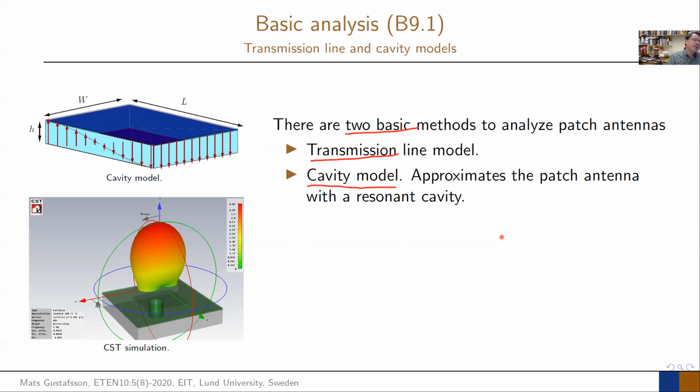They are slightly different, but in most cases, they're actually very similar. The transmission line model is very good if you're an expert on transmission lines, which most of you are not. The cavity model, I would say, is easier to understand, and that is the one that we will focus on in this course. So we will look at the cavity model to analyze the patch antenna.